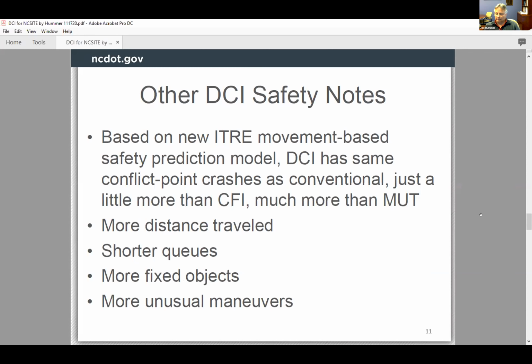We've known for many years, median U-turn is really excellent for safety and excellent for pedestrians. That's what I'm seeing here. And if those are the driving forces at your intersection, you should probably stick with the median U-turn, but it just doesn't give you that much capacity, right? DCI, more distance traveled, which would lead to a few more, let's say, run off the road crashes, more fixed objects, more unusual maneuvers, but also shorter queues, so that fewer rear end crashes in the end, we would guess.